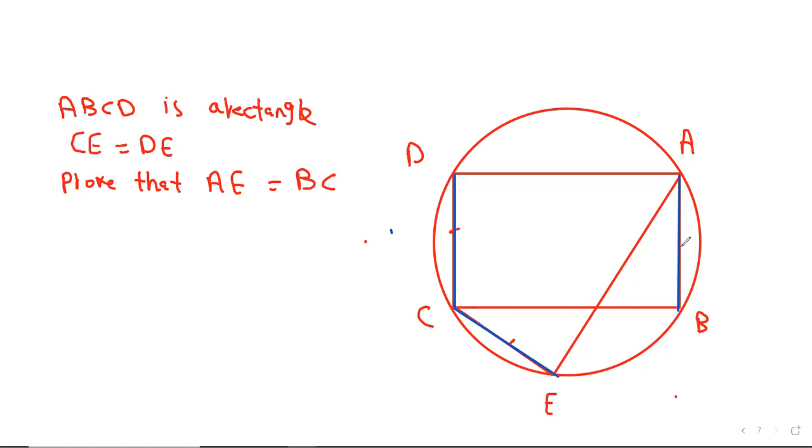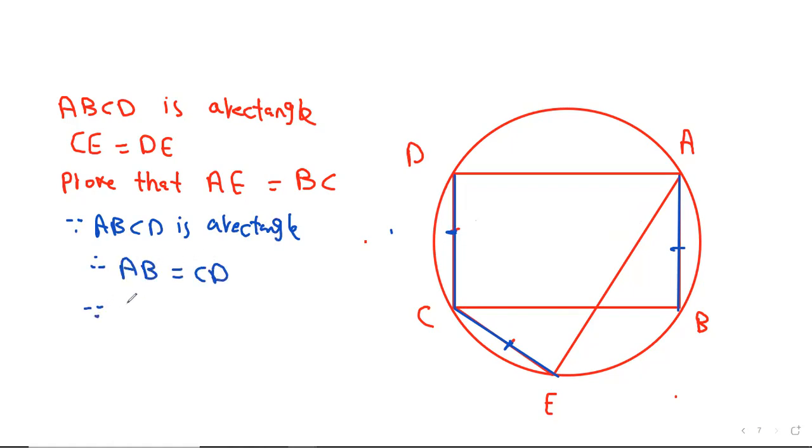You write here: since ABCD is a rectangle, then AB equals CD. And since CE equals CD, and this is a given, we deduce that AB equals CE.